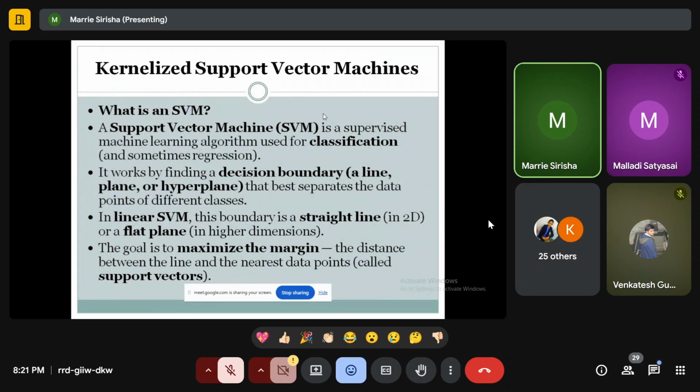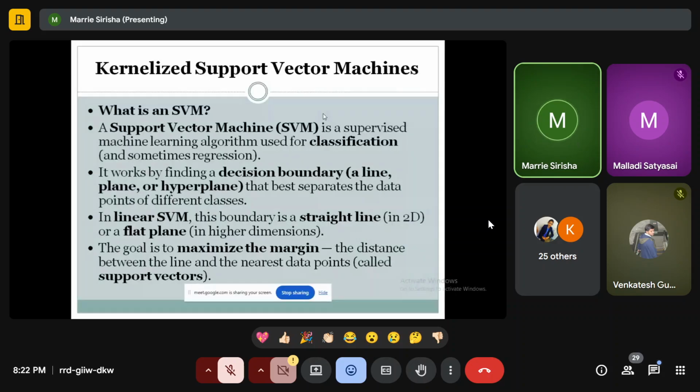So next comes the kernelized support vector machine. Before you deep dive into what is kernelized support vector machine, you need to understand what is support vector machine. What is a support vector machine? First thing, you can also pronounce it as SVM.